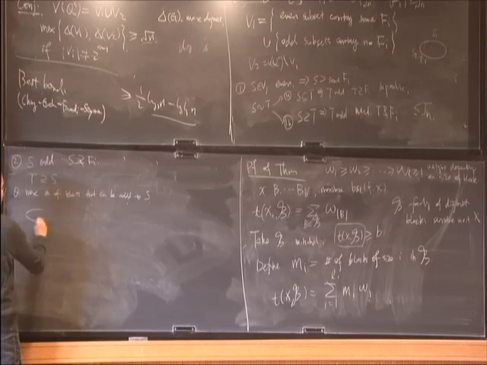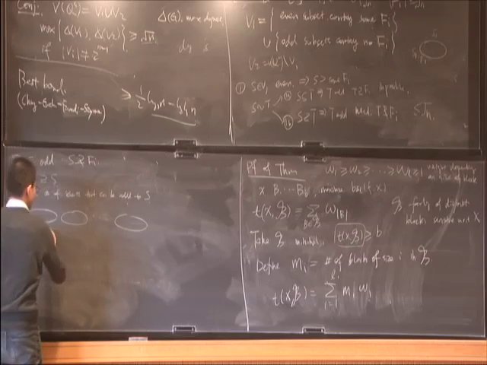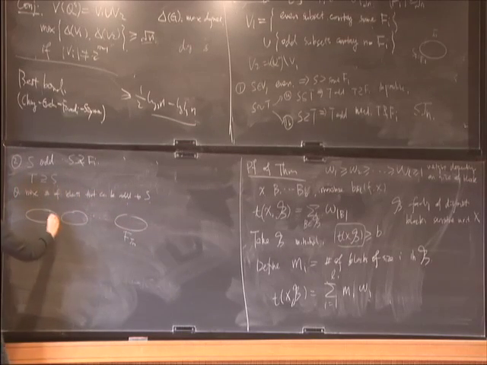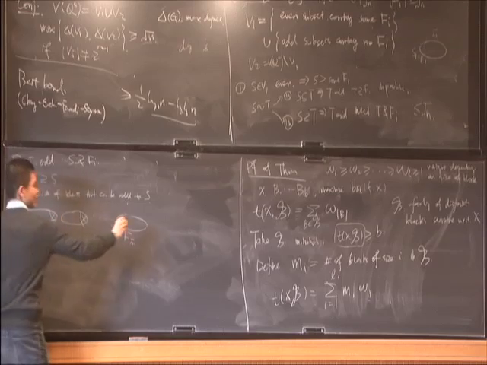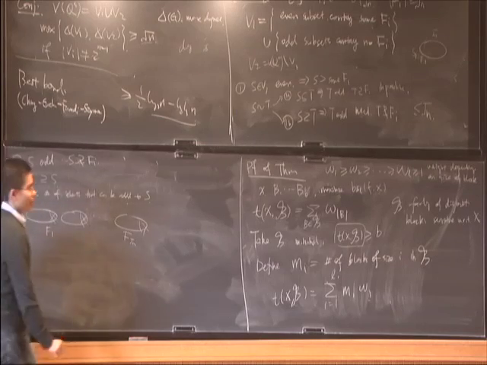The extremal case is if we miss exactly one element from each of the sets, so you delete one element here, one element here, one element here. Then you can add any of these elements back. So it's at most root n again.